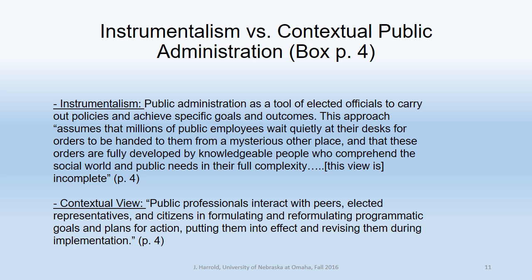public administrators don't get a protocol for every possible action that they're going to carry out. They maybe do have discretion. And so this contextual view, what he's saying is public professionals interact with peers, elected representatives, and citizens in formulating and reformulating programmatic goals and plans for action, putting them into effect, and revising them during implementation.